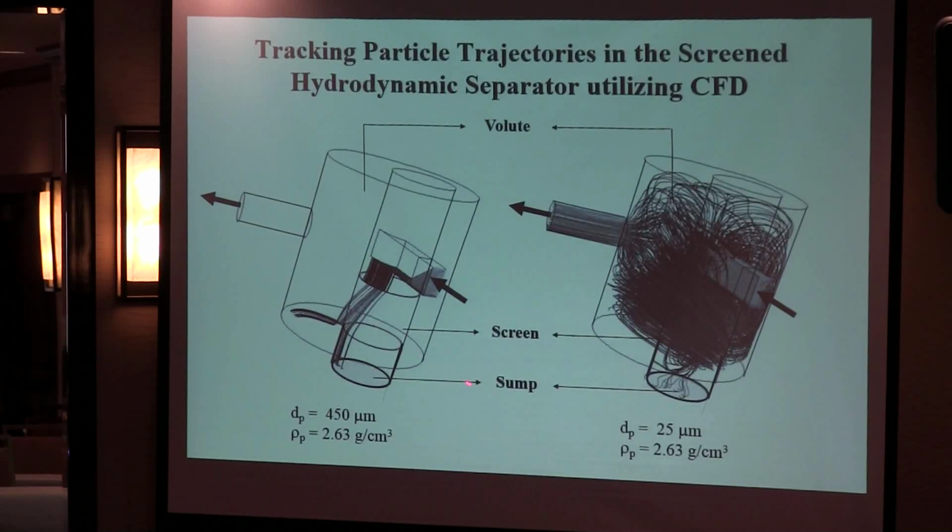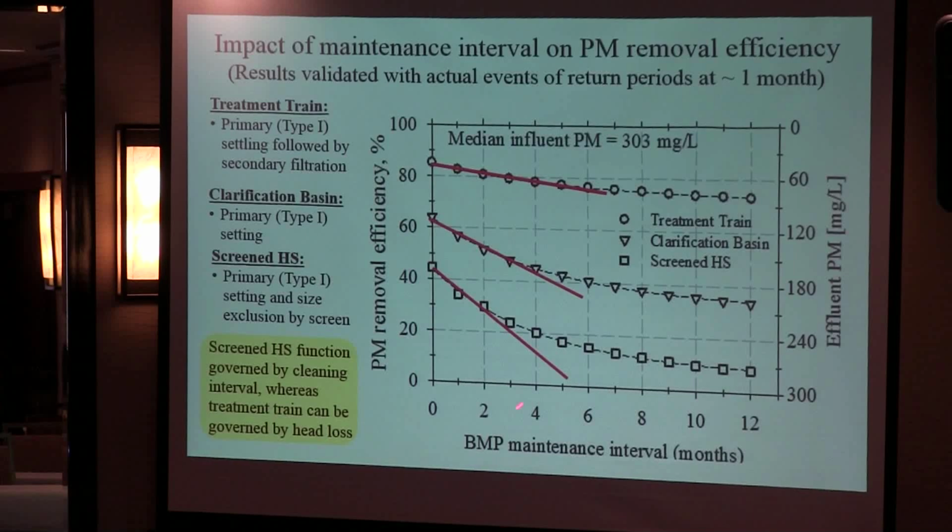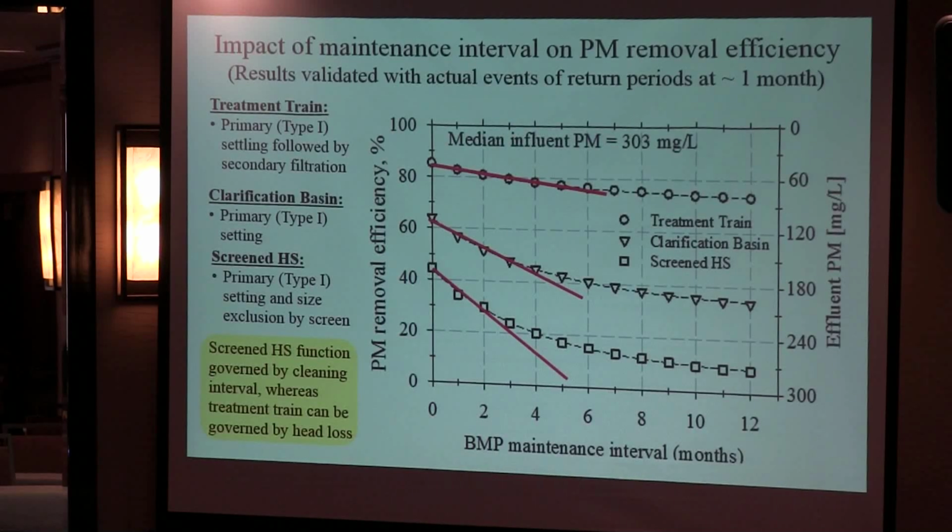So here's an example. We can remove big particles, but in a hydrodynamic separator, removal of small particles is meaningless. In addition, if you don't maintain these systems, their performance rapidly decreases in terms of months.